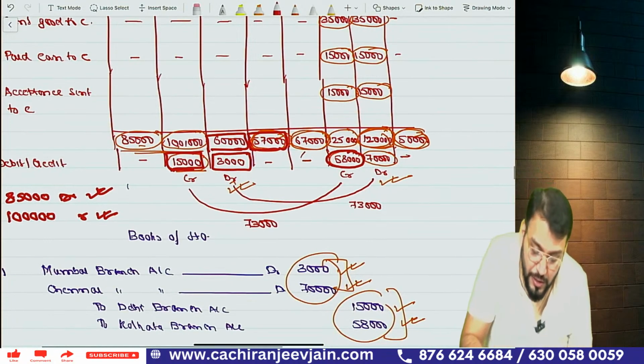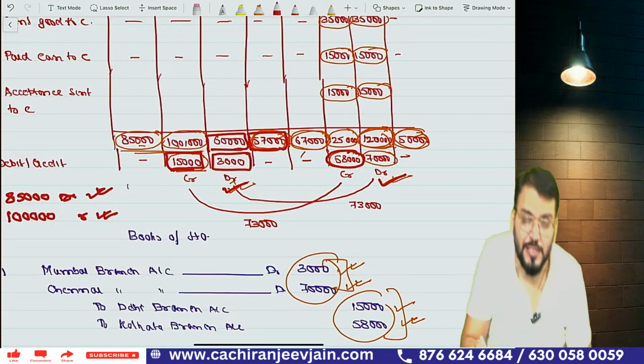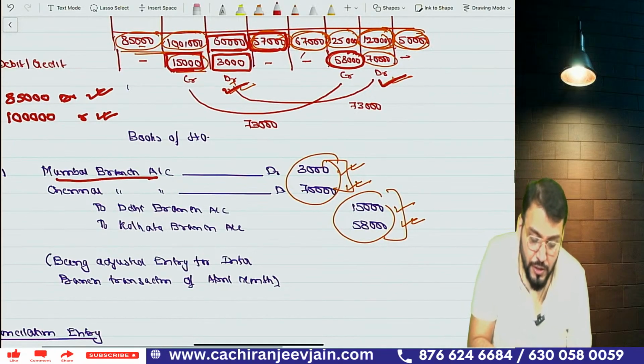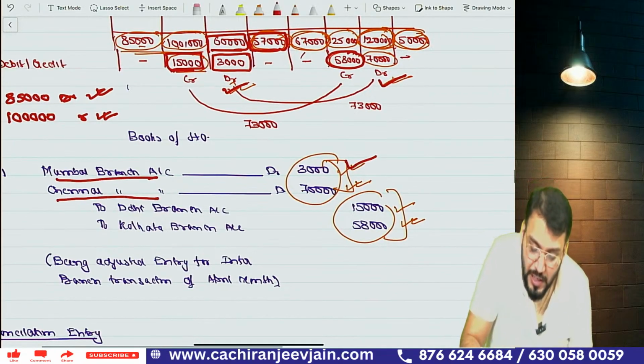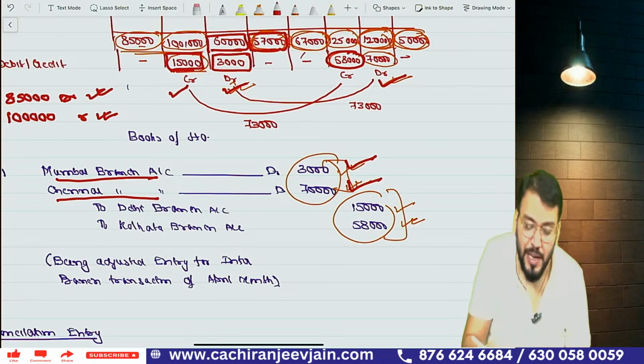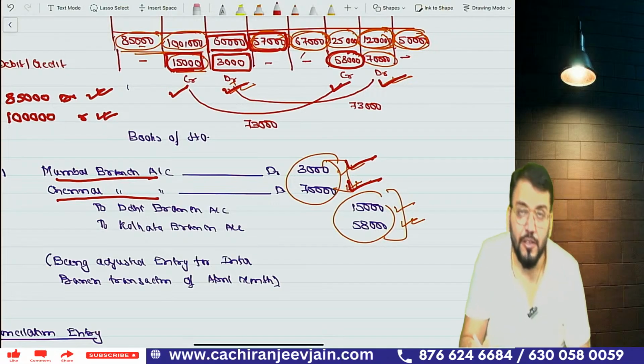Now you can see we have debited Mumbai and Chennai with 3,000 and 70,000 respectively. Therefore, in the books of head office, we have Mumbai branch account and Chennai branch account with 3,000 and 70,000. And we have credited Delhi branch and Kolkata branch.